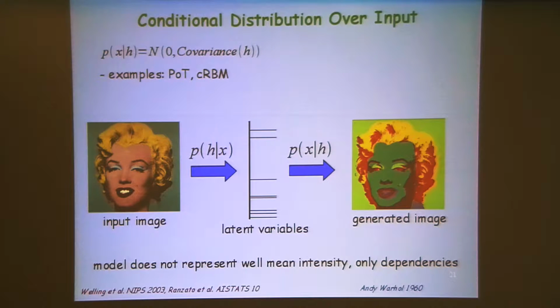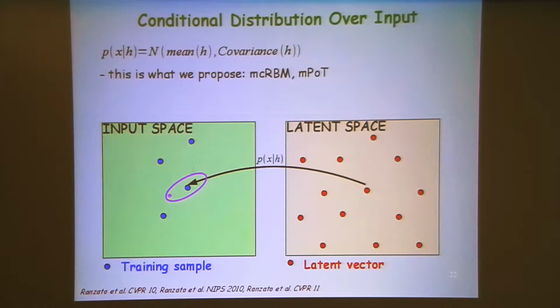But of course, if we want to claim that we have a good model of natural images, this is not satisfying, because we would like to be able to model both mean intensity and correlation in images. This is basically the whole point of this work, where we extend these previous models in such a way that the conditional distribution is now a Gaussian where both mean and covariance depend on latent variables.